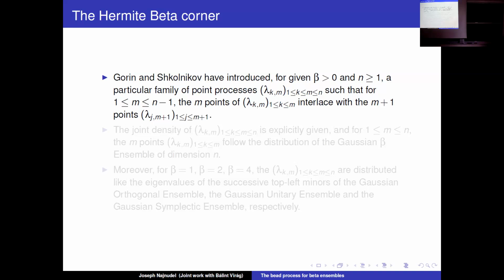This was introduced by Gorin and Shkolnikov. So it's a particular family of point processes with interlacing. So we go up to n, and then we have a triangle of points like this, which interlace.